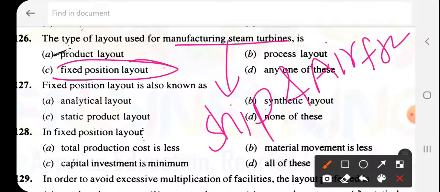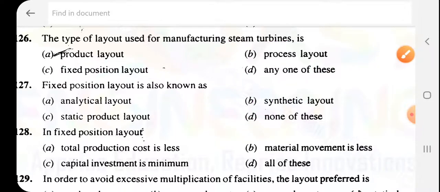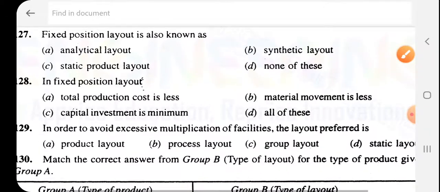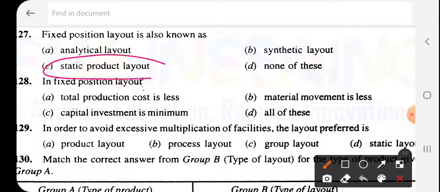Wherever it will be used, the transportation will not be convenient. For that we'll use a fixed position layout for these large items. Fixed position layout is also known as a static product layout. So 128 is D, all of this above.